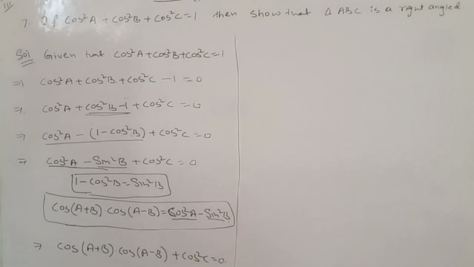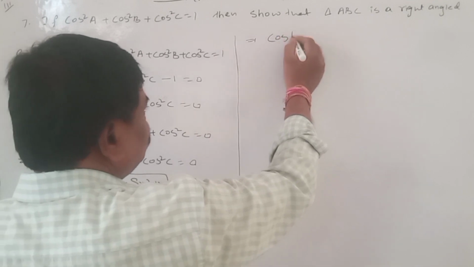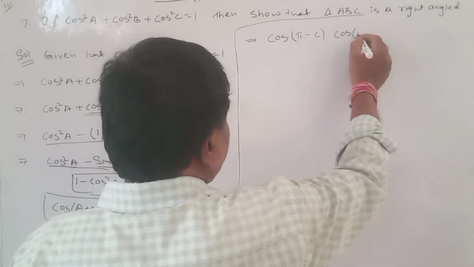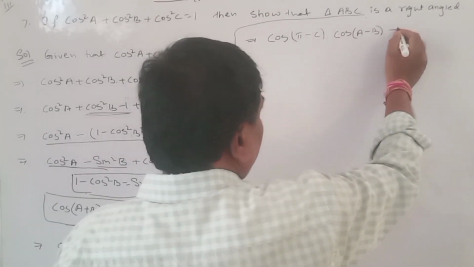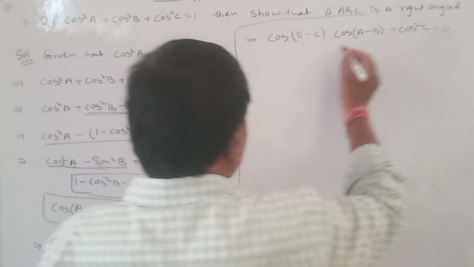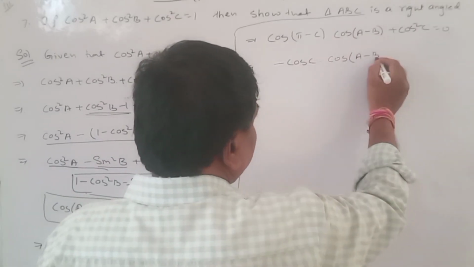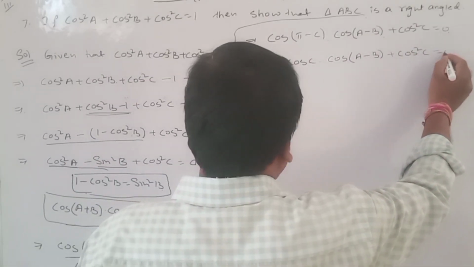We know that A plus B plus C is equal to pi, which implies A plus B is equal to pi minus C. So you have to substitute pi minus C instead of A plus B. This implies cos of pi minus C into cos of A minus B plus cos square C is equal to 0. This is minus cos C into cos of A minus B plus cos square C equal to 0.